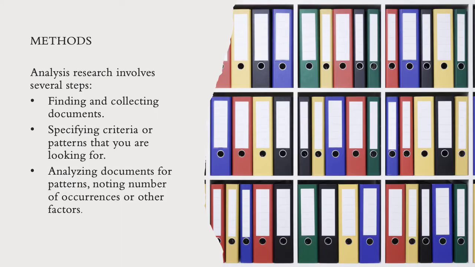Here are some methods for conducting analysis. You find and collect your documents. That's what you're in the process of doing right now. You're specifying criteria or patterns that you are looking for. You are analyzing documents for patterns, noting the number of occurrences or other factors. That second bullet point is crucial for this assignment, and I have to tell you, it's one that an awful lot of you are going to miss.